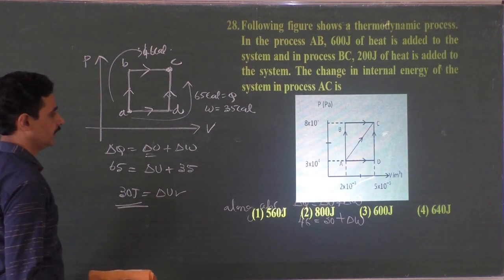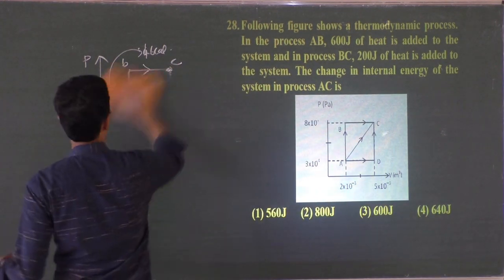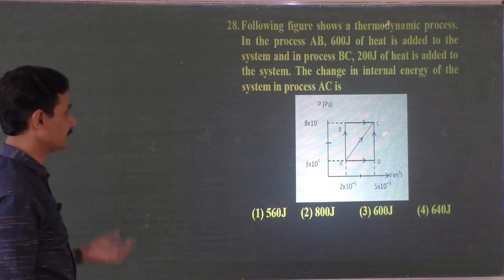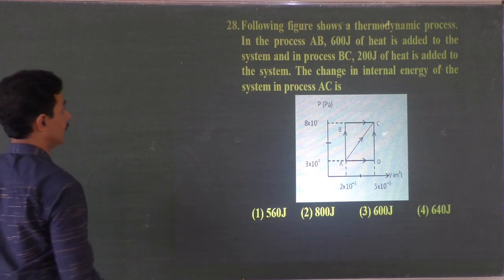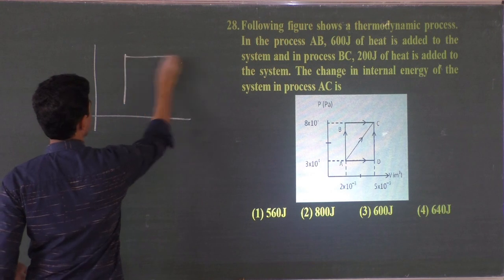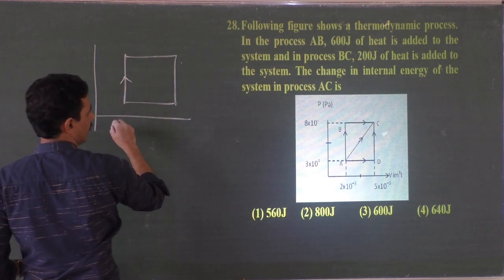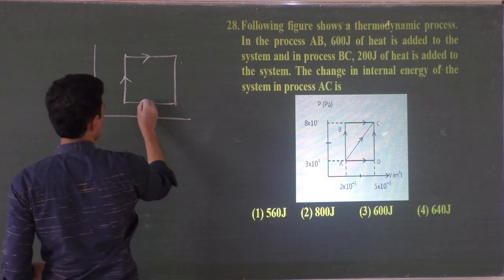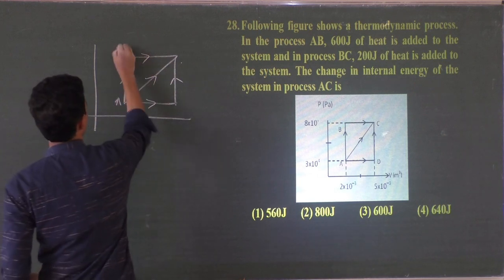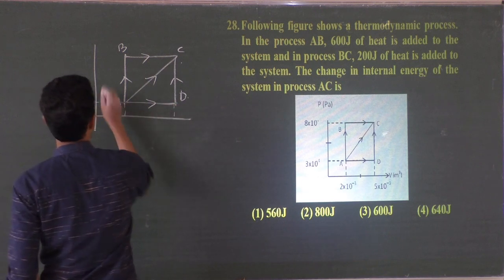Next one, 28. Because we have to finish it somehow. This is also an easy problem. See, the following figure shows the thermodynamic process. In process AB, 600 joules of heat is added to the system. Let me write this. Here is A, B, C, and this is another one, ADC, and here is the direct one, A to C. You go through different processes and values are given here.